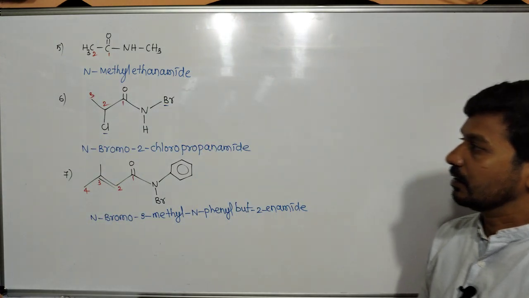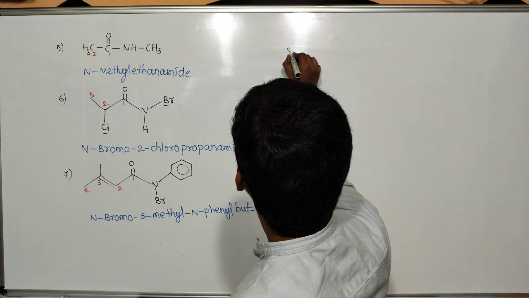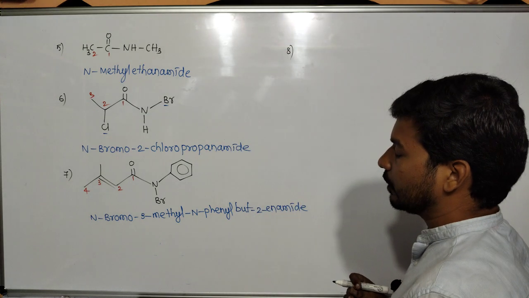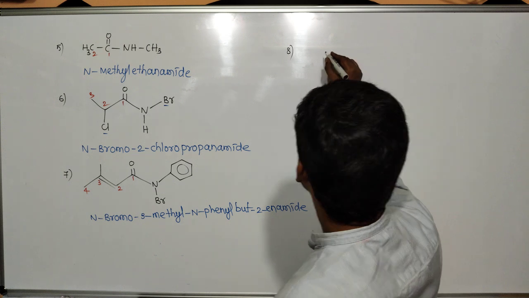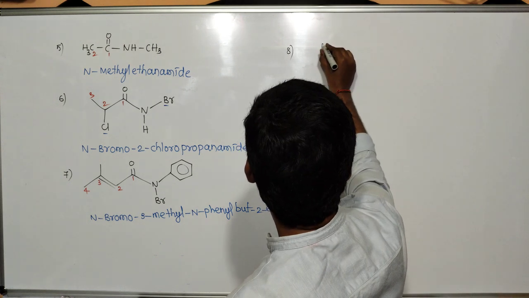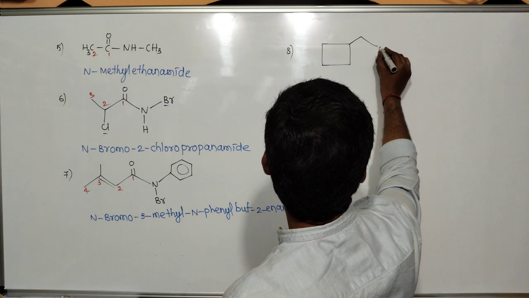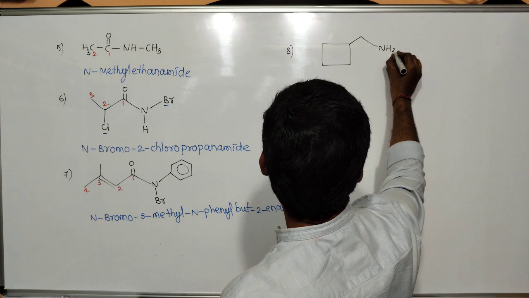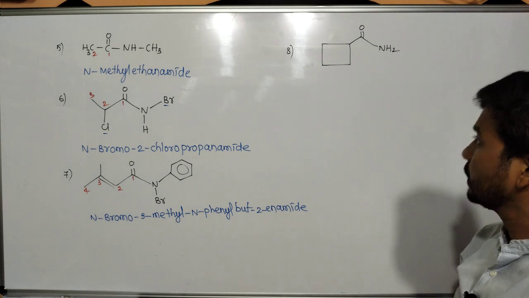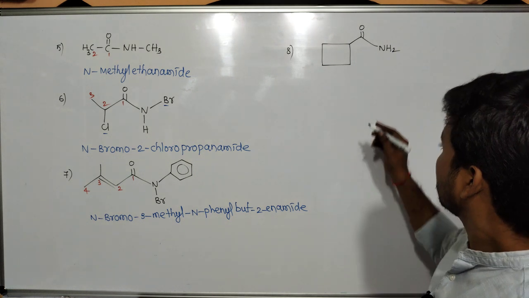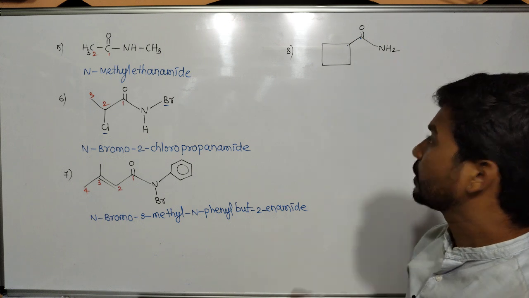Okay, next. Eighth example. If I give a molecule like this, for this molecule, see this carbon, the functional group carbon is directly attached to the ring.